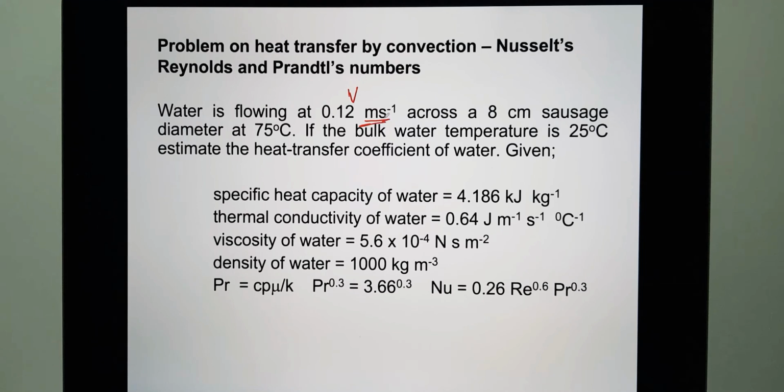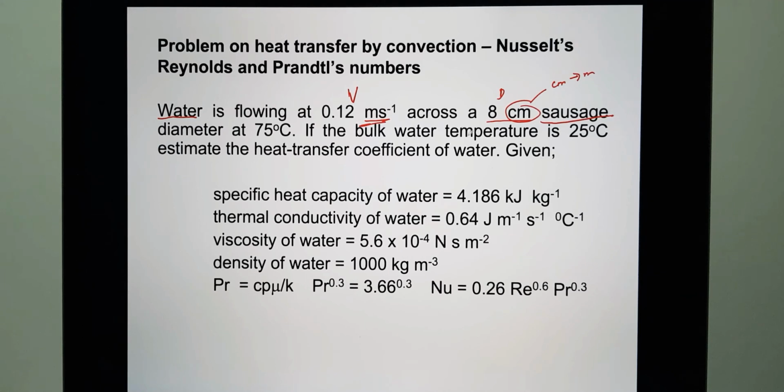Because we look at the unit, meter per second. The water passes across the sausage, and the diameter of the sausage is 8 centimeter. But this unit is in centimeters, so you need to convert from centimeter to meter.